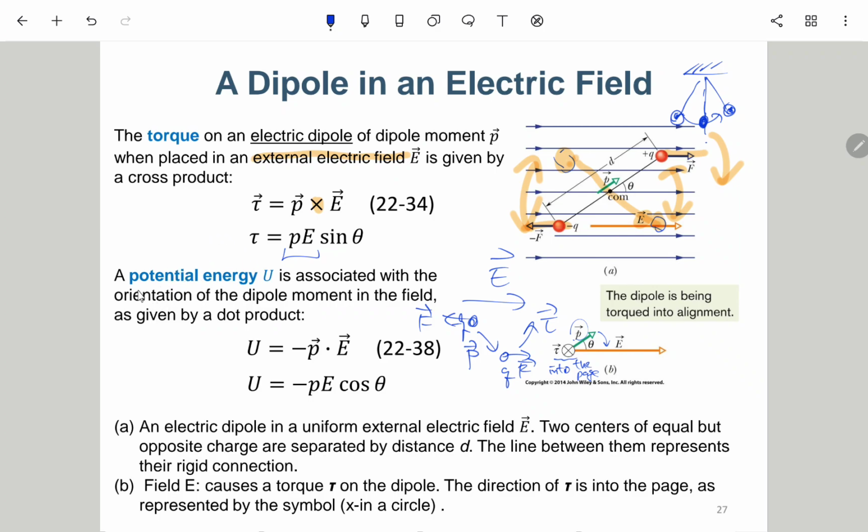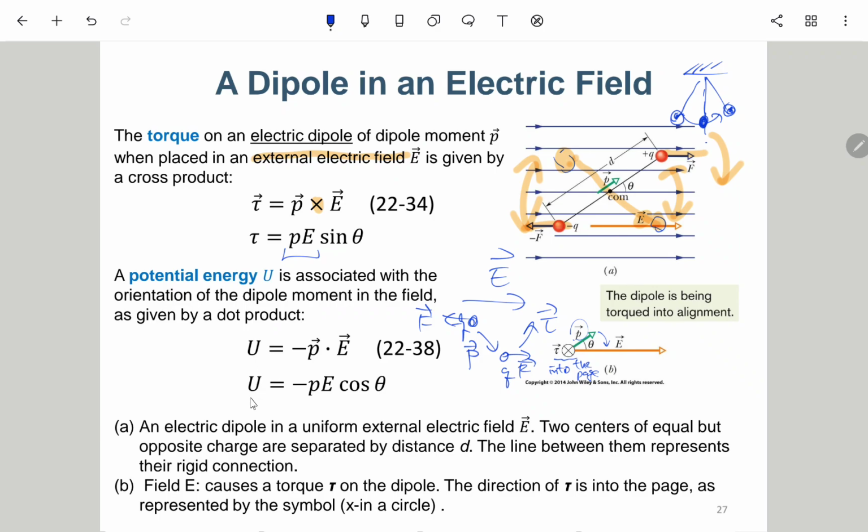Okay, so similarly, we have a potential energy U. Potential energy U is associated with the orientation of the dipole moment. So it will also have potential energy, something similar to the pendulum.